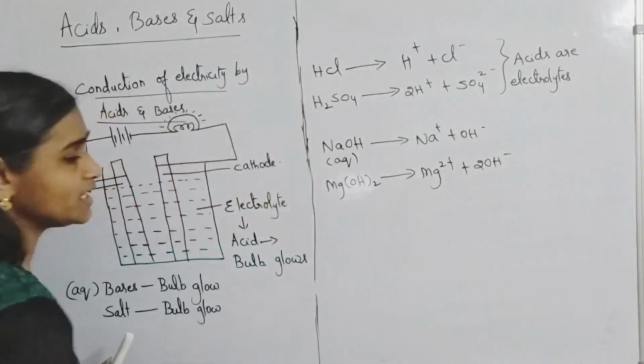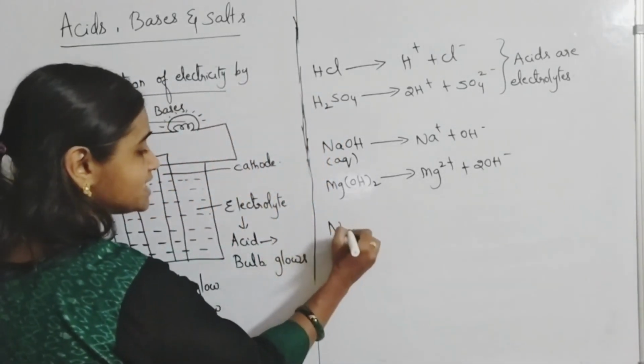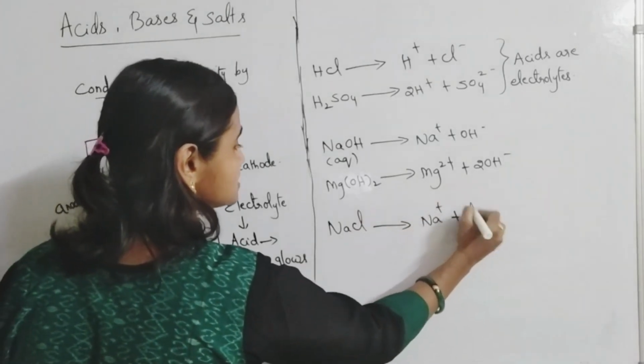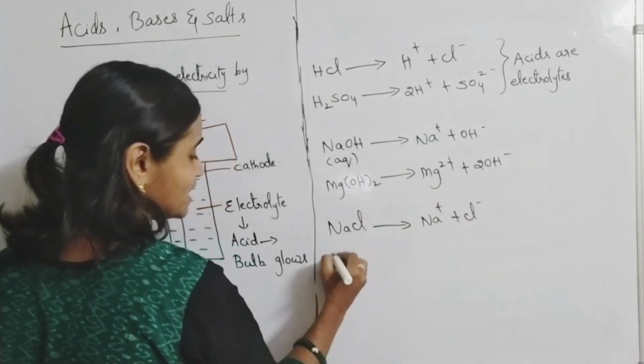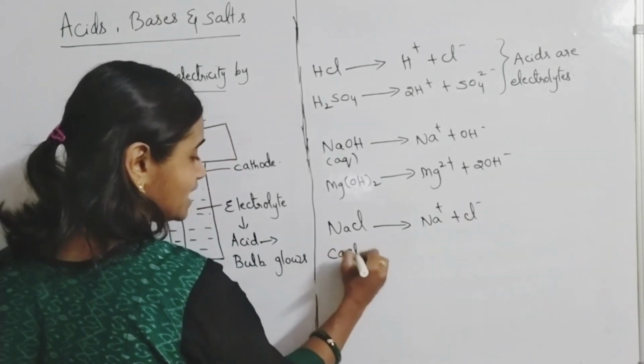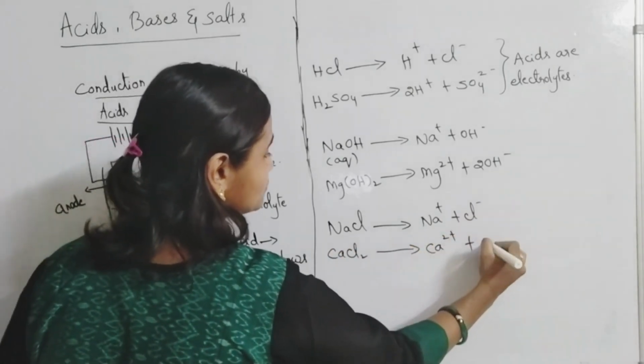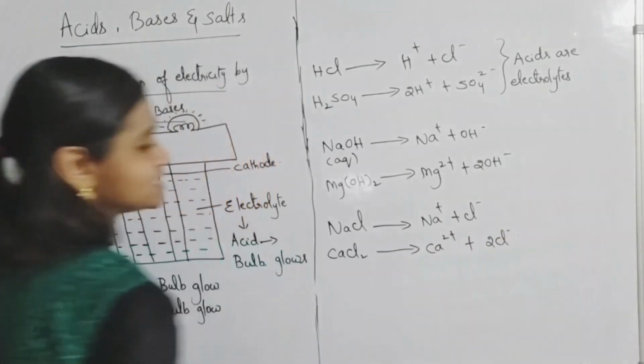Even if you take salt solutions like NaCl, that also splits into its respective ions, Na plus and Cl minus. Likewise, calcium chloride CaCl2 gets dissociated into Ca2 plus and 2Cl minus ions.